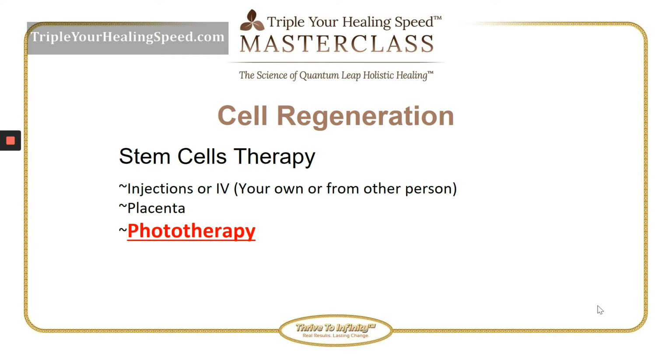Now, if you're taking stem cells from another person, the other issue is the information that's in the stem cells. First of all, it's a foreign thing, so maybe your body will reject it, as opposed to your own stem cells. Also, my issue is, what information does that stem cell carry?